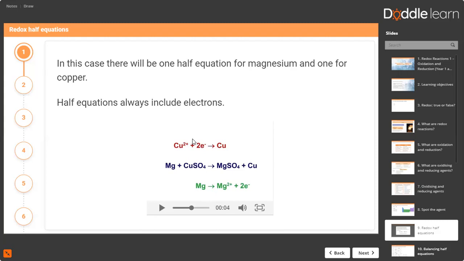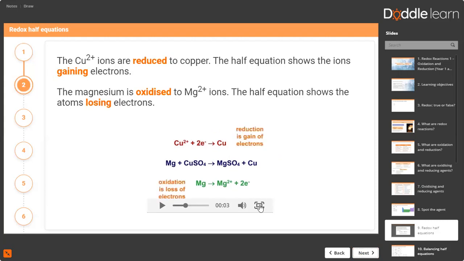I've just confused myself. We are reducing our copper up here, because we are adding the electrons on so that we get to copper. And our magnesium we are oxidizing. So the magnesium becomes magnesium ion plus 2 electrons. So that's our half equations.